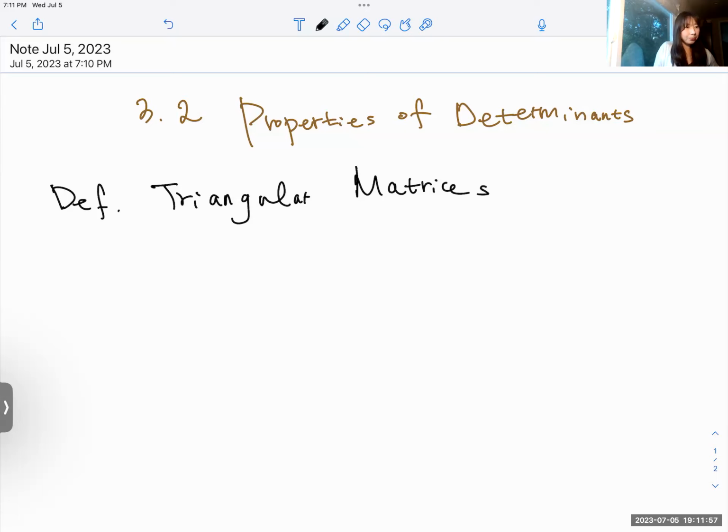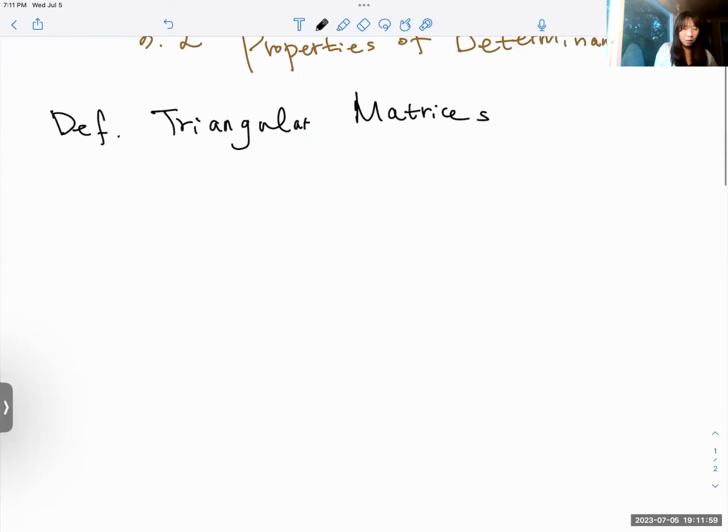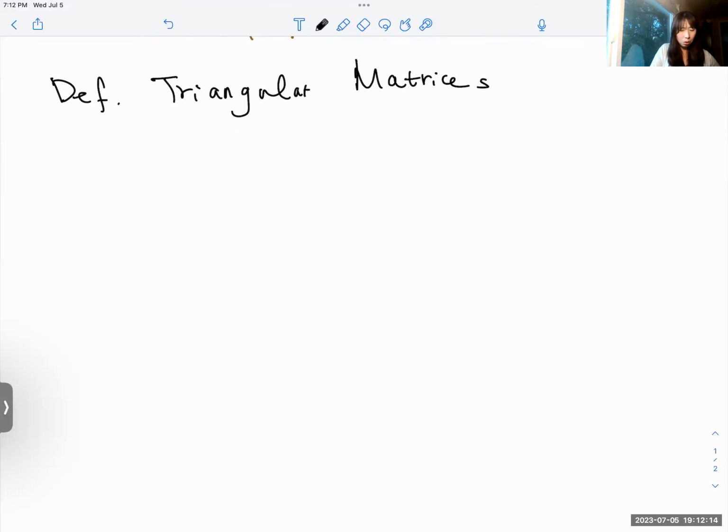Okay, so I'm going to write down the matrix form. In this case, a lower triangular matrix looks like upper.